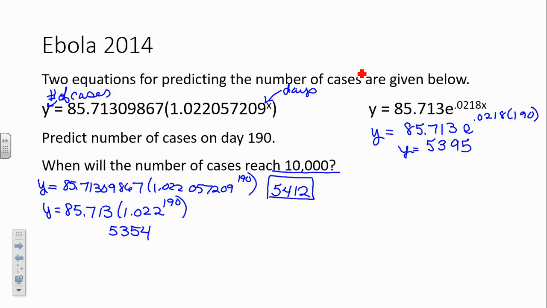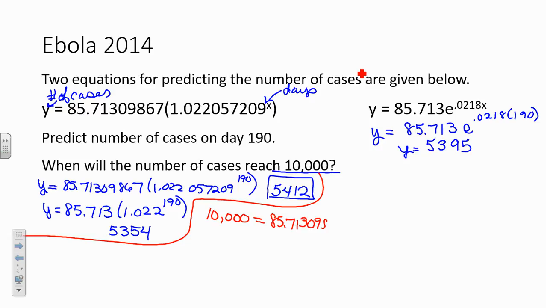So we say 10,000 is equal to 85.7130986 times 1.022057209 to the x.